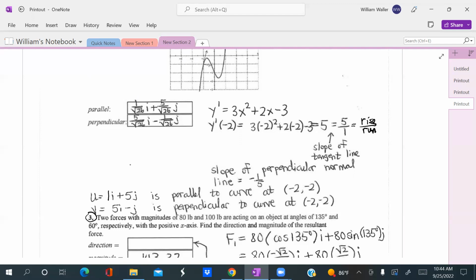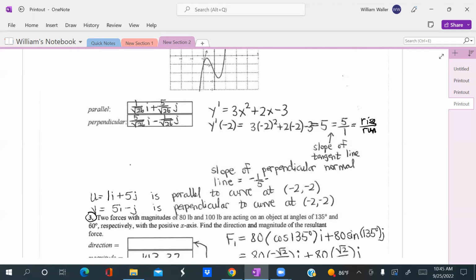Now, the line perpendicular to the tangent line will have a slope that is the negative reciprocal of 5 over 1. So that would be -1 over 5.